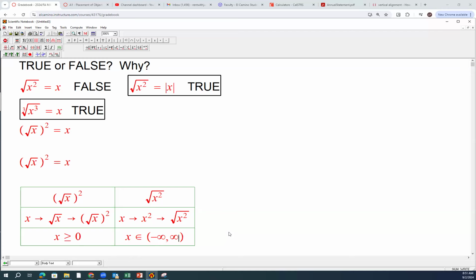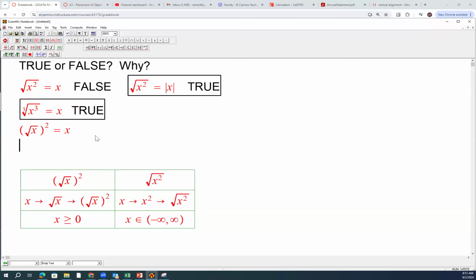Here this symbol means in, belongs to. So this tells us that when we look at this expression, it is implied this statement is claimed in its domain, and its domain is x greater than or equal to 0, and therefore it equals x.